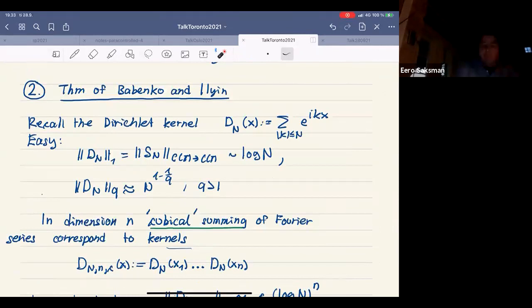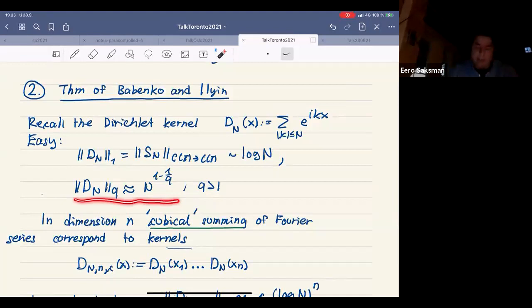The L1 norm of the Dirichlet kernel blows up. It's the fact that Fourier series don't converge for every continuous function, and the Lq norm is easy to compute. Actually, the highest peak around the origin dominates for q larger than 1. So you get easily that it's n to the power 1 minus 1 over q.